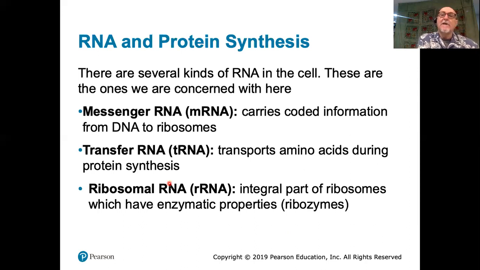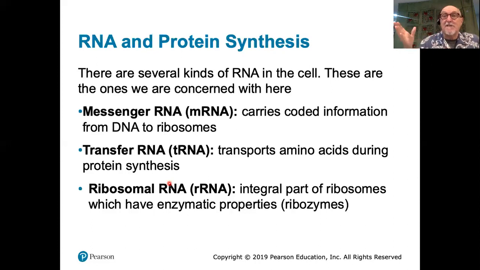The next kind of RNA that we're going to encounter is called transfer RNA. And transfer RNA is an amazing molecule. There are many, many kinds of transfer RNA in the cell because transfer RNA consists of a combination of RNA and an amino acid. And each amino acid has its own transfer RNAs that it attaches to.